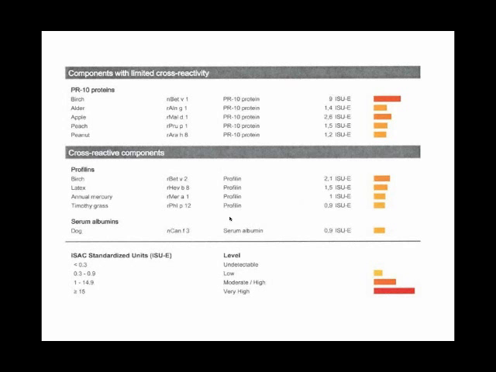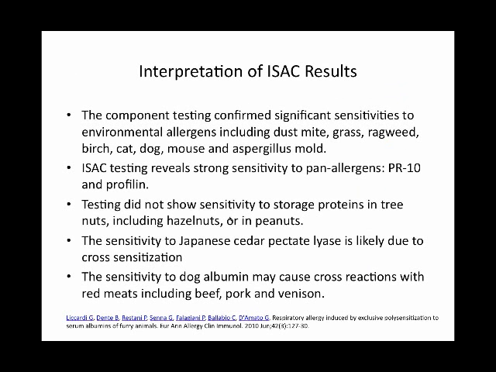You get a different kind of albumin in chicken, but this is a guy, he's still exposed to dog, he's still eating a lot of meat, and so it goes a little ways to explain why he's still getting some hives.